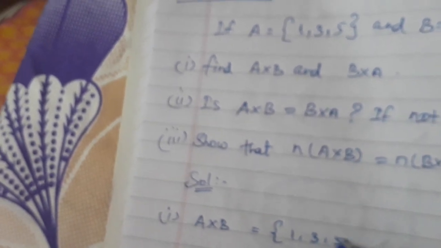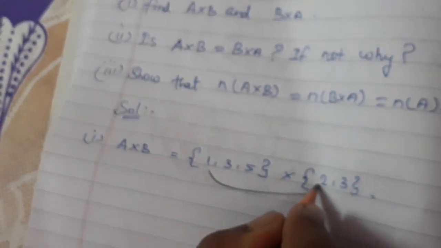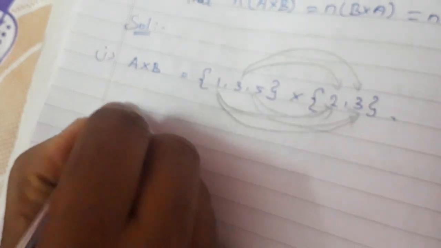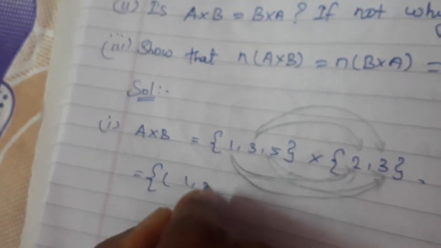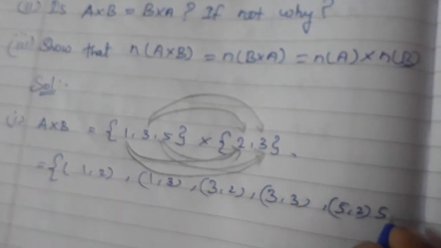So our answer for the first one: A × B = {1, 3, 5} × {2, 3}. We join 1 and 2, 1 and 3, 3 and 2, 3 and 3, 5 and 2, and 5 and 3. So our answer is {(1, 2), (1, 3), (3, 2), (3, 3), (5, 2), (5, 3)}.